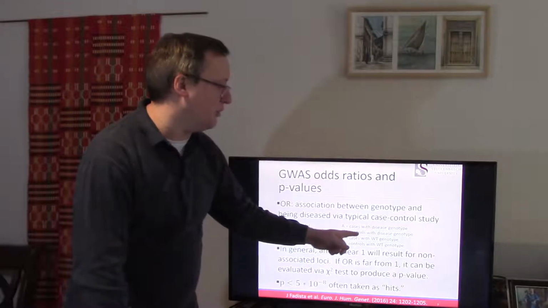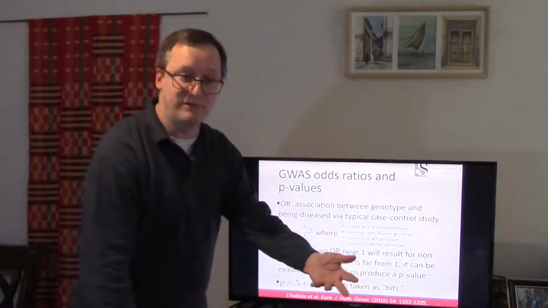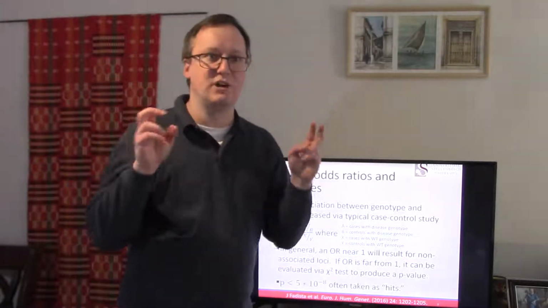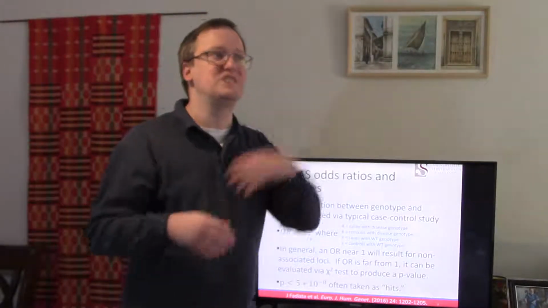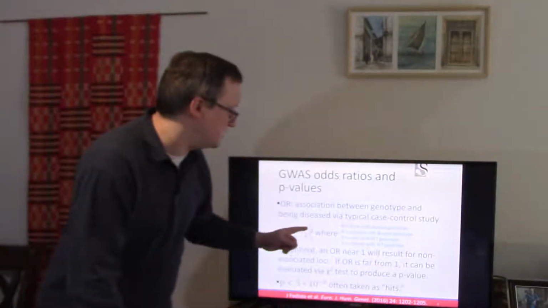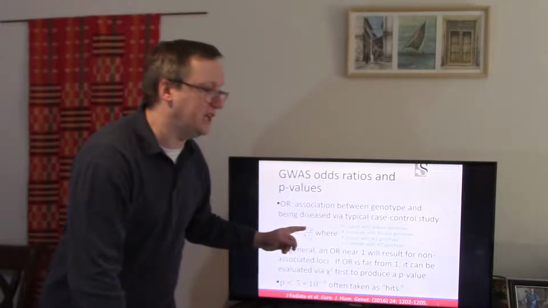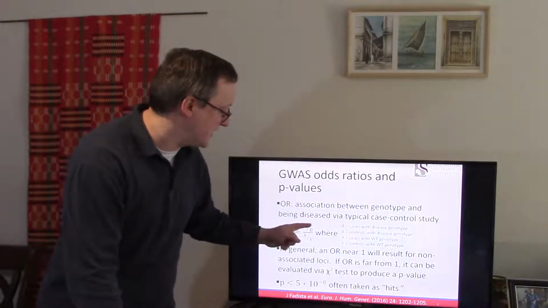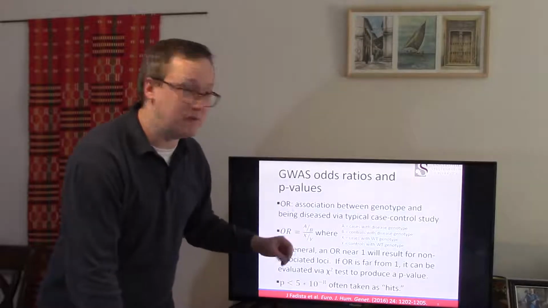We have people who aren't sick, but who do have this genotype. So this is the example of somebody who has a breast cancer allele for BRCA1 who doesn't then go on to have breast cancer. That's a control in this case. So this fraction is to say, of the people who have this allele, what fraction of them are sick? That's this A divided by B part.